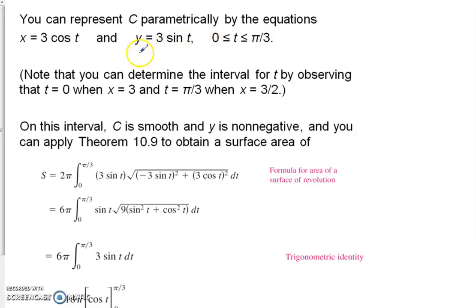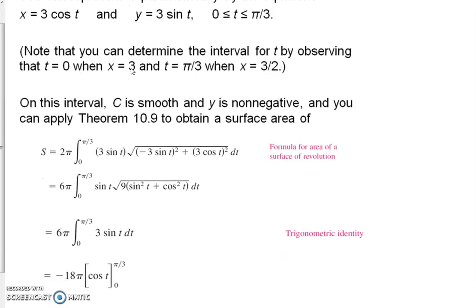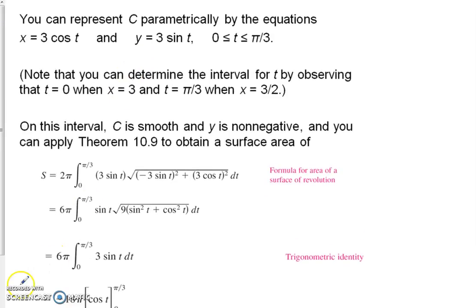Let me see, I may have screwed that up. Hold on. Yeah, I just misspoke a little bit ago. If you solve this for cosine t, it would be x over 3. We get cosine t quantity squared plus sine squared t equals 1, and then squaring both of those, you'd multiply by 9 to get that equation that we had.